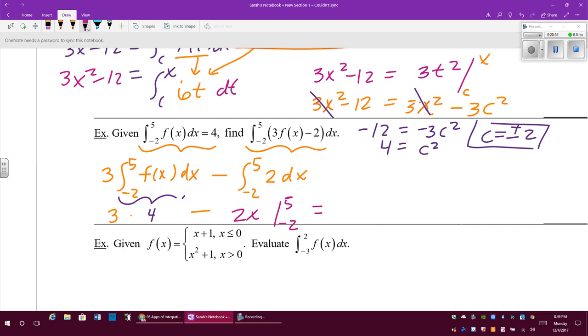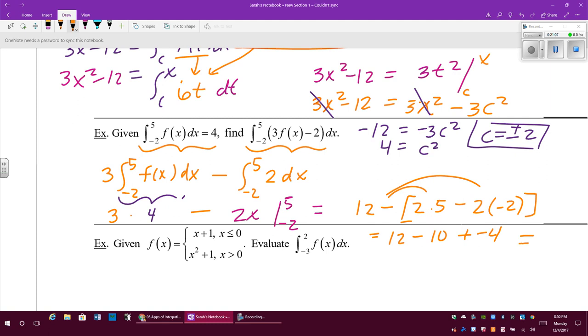So all of this should fold up to give me 12 minus (2 times 5 minus 2 times -2), or 12 minus 10. Once I distribute that negative, that's going to end up being -4. So 12 minus 10 is 2. 2 plus -4 is -2.